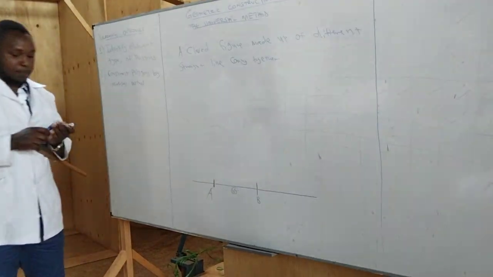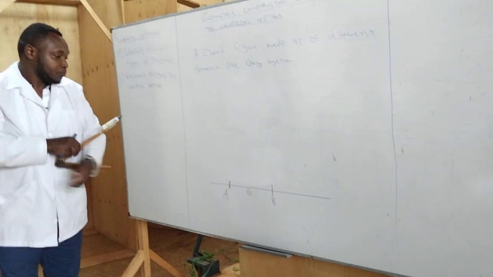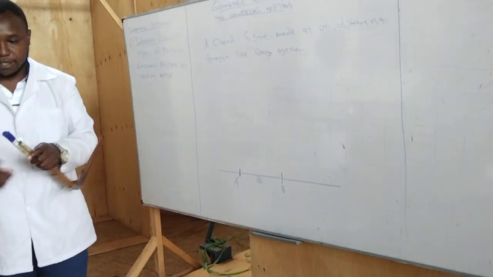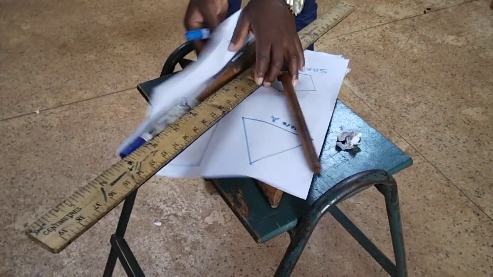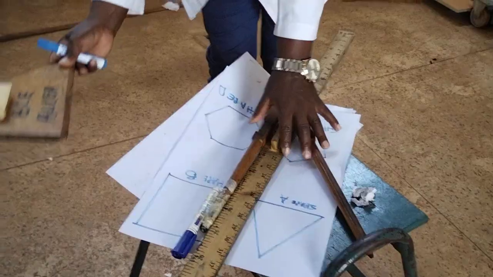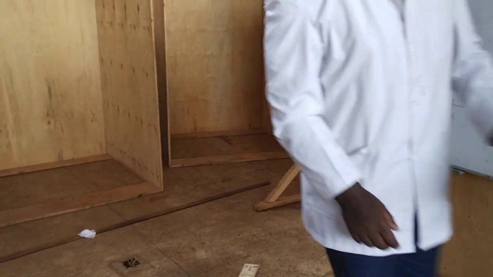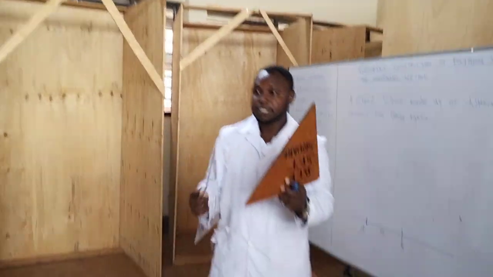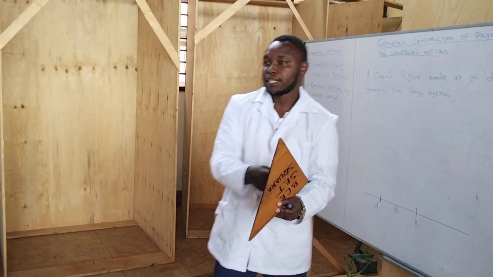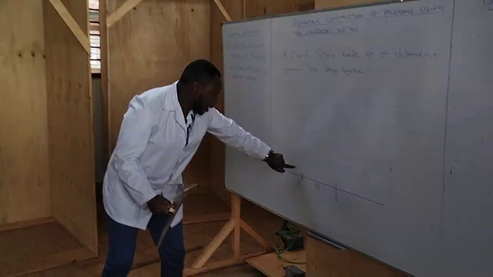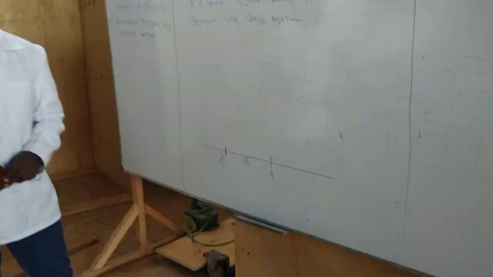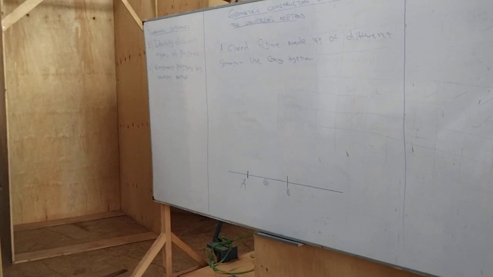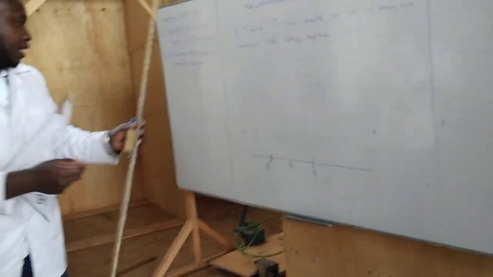Now, step 2, we use our set squares. You have your set squares? Can I see your set squares? So we have two set squares here. This one is for 60, 30, and of course 90. We have 45, and of course 90, isn't it? So from point A, you construct an angle of 60 degrees.